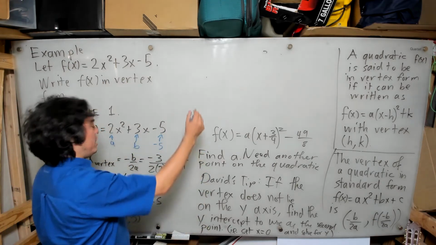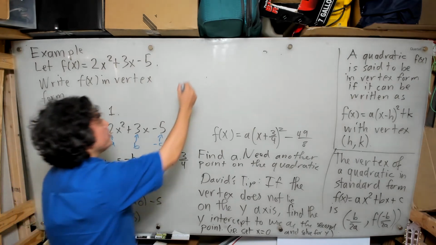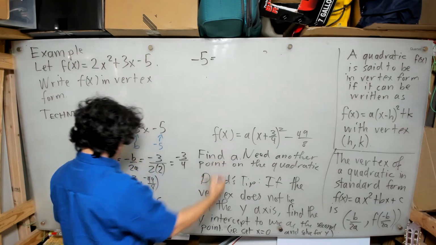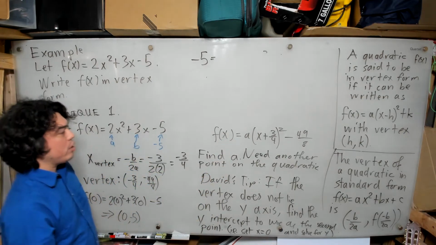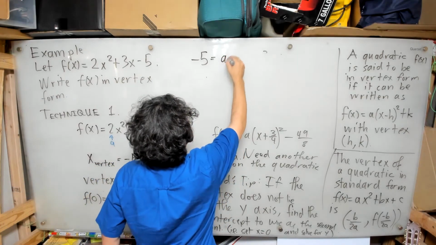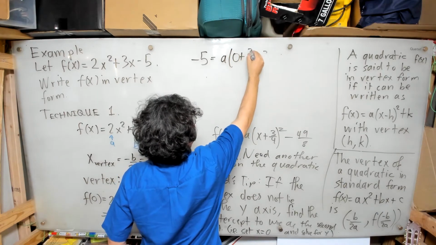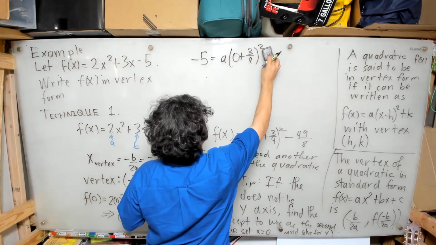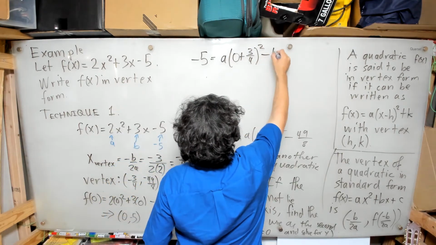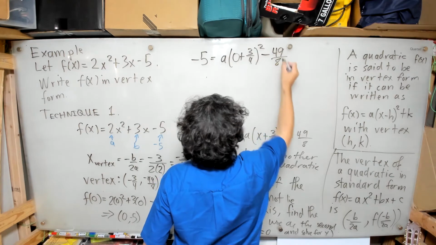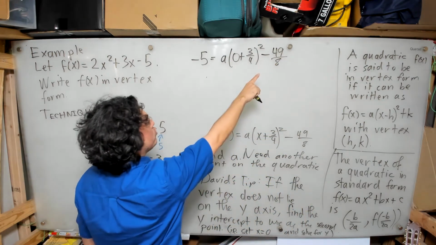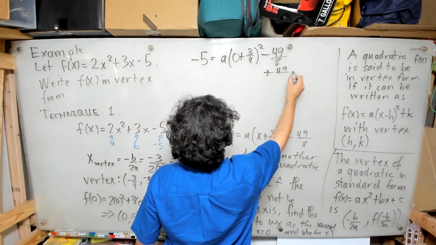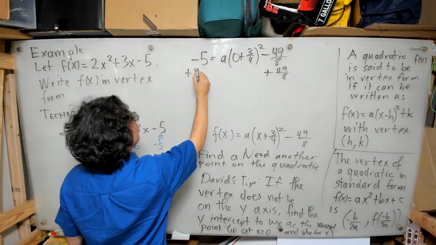So we set our y value, negative 5, equal to this function evaluated at x equals 0: a times (0 plus 3/4) squared minus 49 over 8. I'm going to add 49 over 8 to the other side.